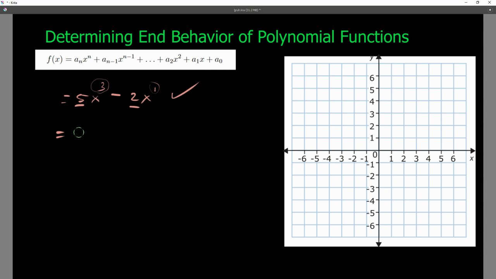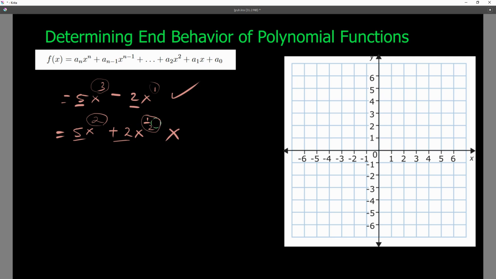What if you have something like 5x squared plus 2x to the 1/2? Is this a polynomial function? Look at this 5 and this positive 2. Are they real numbers? Yes. Look at the exponent. Are these integers? Are they whole numbers?